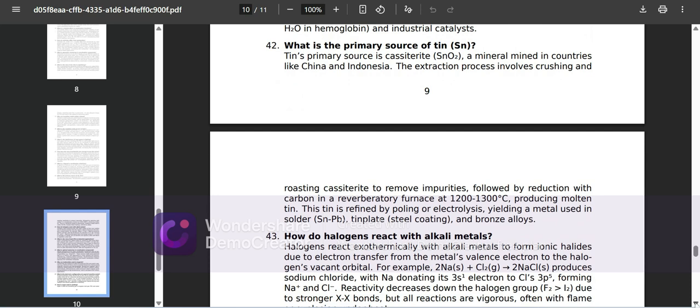What is the primary source of tin? The primary source is cassiterite, a mineral mined in countries like China and Indonesia.